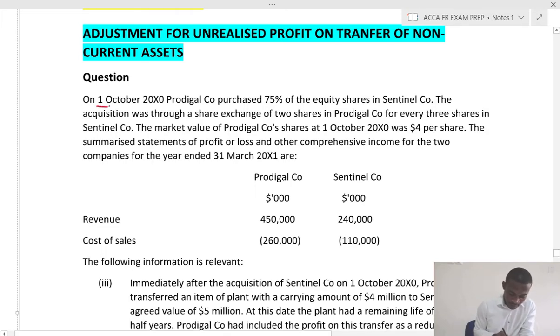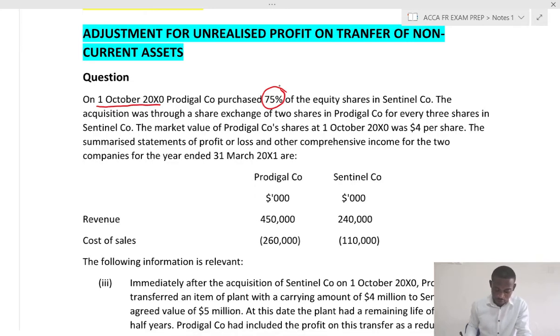On 1st October 20X0, Prodigal purchased 75% of the equity shares in Sentinel. The acquisition was through a share exchange of 2 shares in Prodigal for every 3 shares in Sentinel. The market value of Prodigal shares at 1st October X0 was $4 per share.